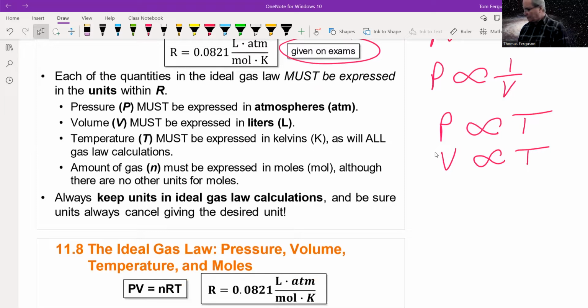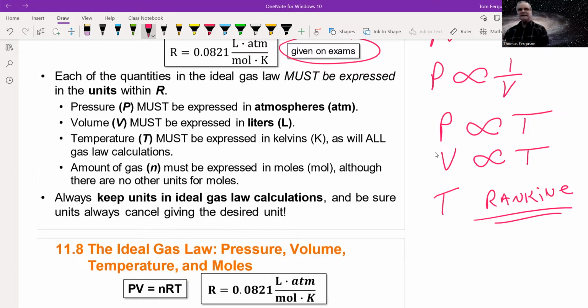As I mentioned last week, temperature is in Kelvin, and that's absolute temperature.